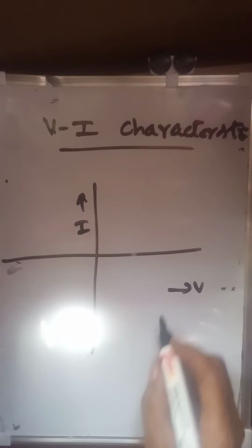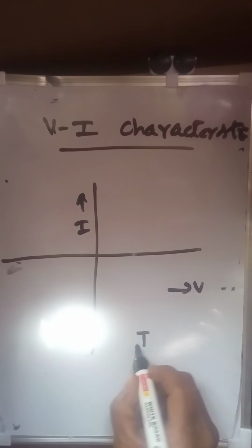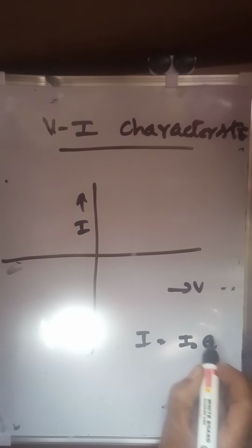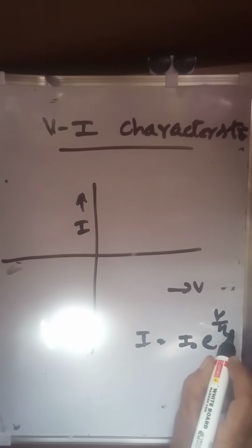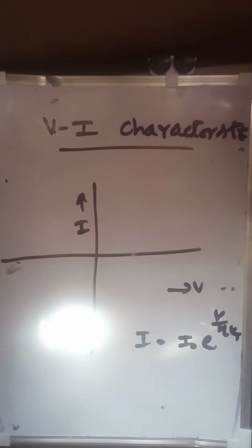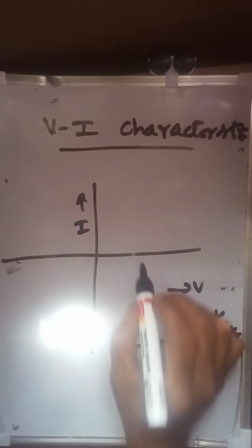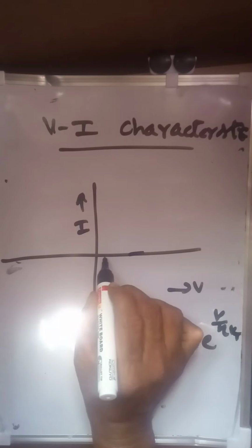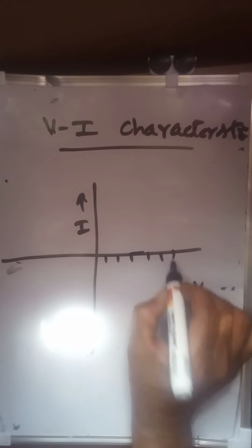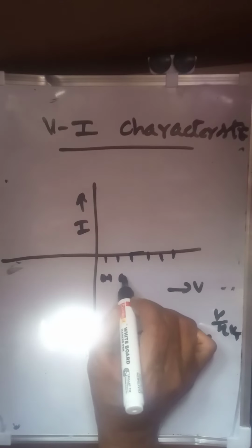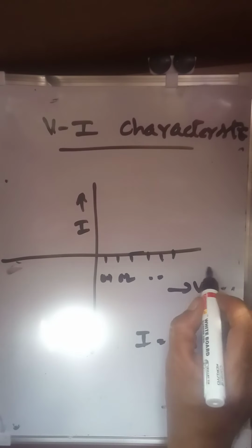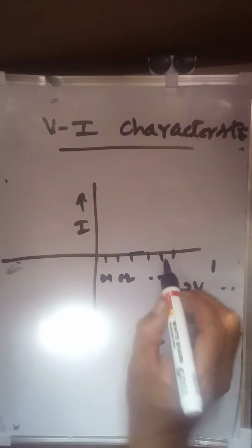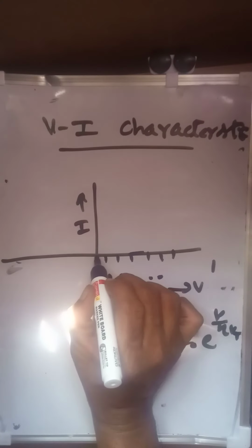As in the case of forward bias, I is equal to I naught into e to the power V by eta Vt. In the forward bias the current starts increasing as the voltage goes 0.1, 0.2, 0.3 and so on, up to 1 volt. Up to a particular point, the current is 0.